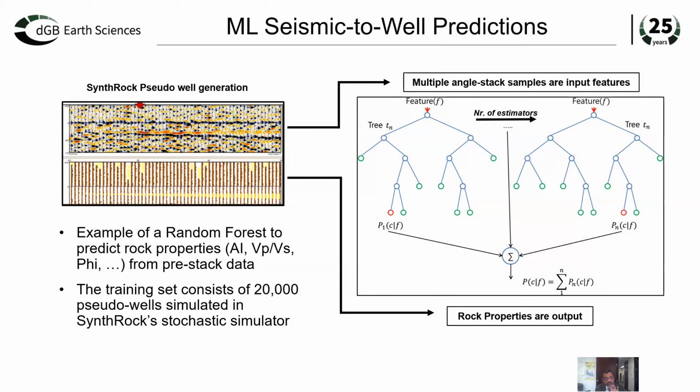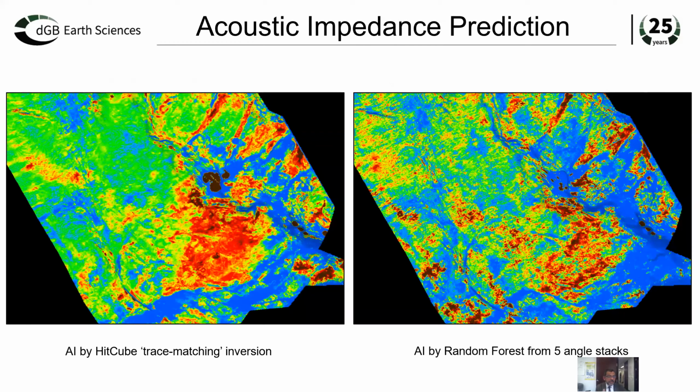First is the hit cube method, which is one by one trying to find the best match, and the other is the random forest method, which automatically finds its own attributes to match. Once you apply those, these are the differences we see.